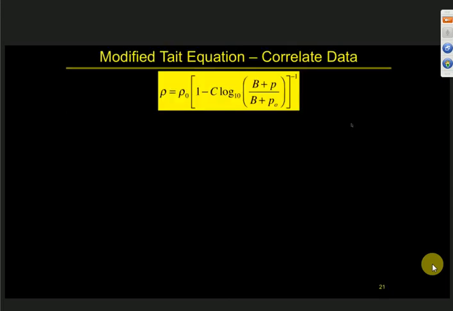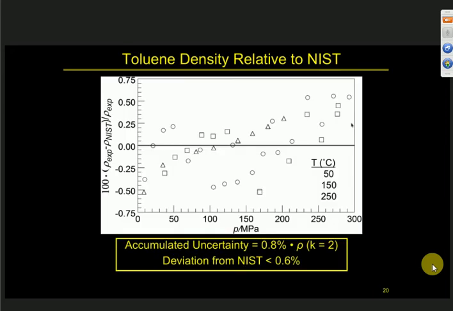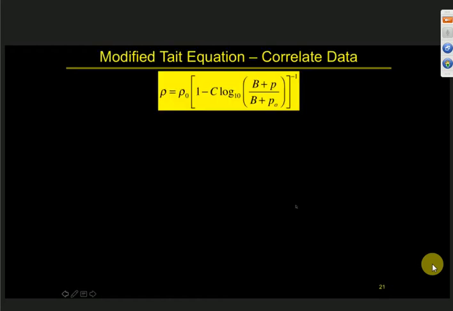You measure the density at these three particular temperatures, but if you want to calculate density at other conditions, like 100 or 200 degrees C at a different pressure where you don't have data, you need to develop a mathematical correlation. So we use a correlation called the Tait correlation.